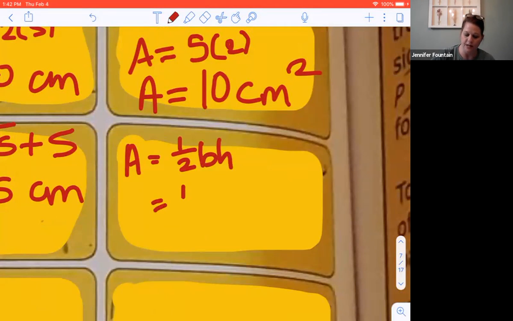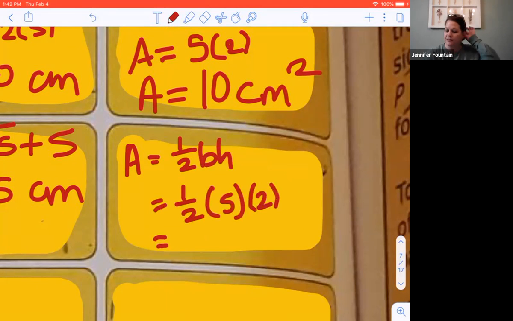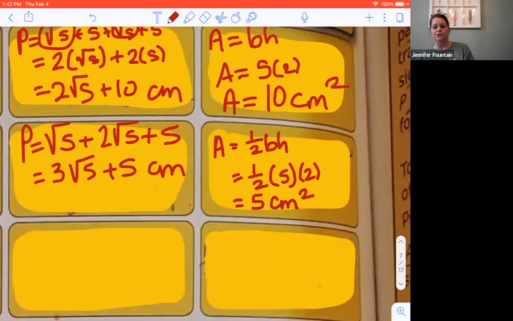So I'm going to have 1/2. My base was 5. My height is 2. So 1/2 of 5 times 2. 5 times 2 is 10. Half of that is 5. That'll be 5 centimeters squared. Any questions on how we did that one for perimeter and area of our first triangle?